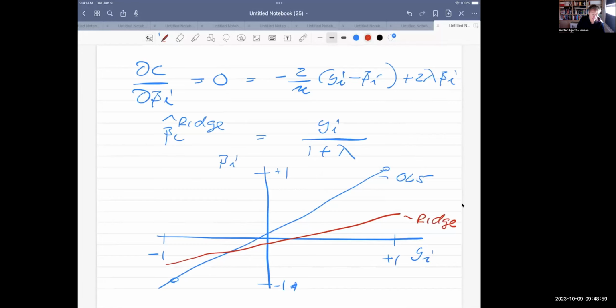The parameter lambda is reducing the, so this should actually cross 0. My drawing skills, as you can see, are not the very best. It should cross 0 here. So what you see is that ridge regression shrinks the beta_i values. In this case, it does it for all of them, and all of them are the same. They're just equal to the data points y_i.